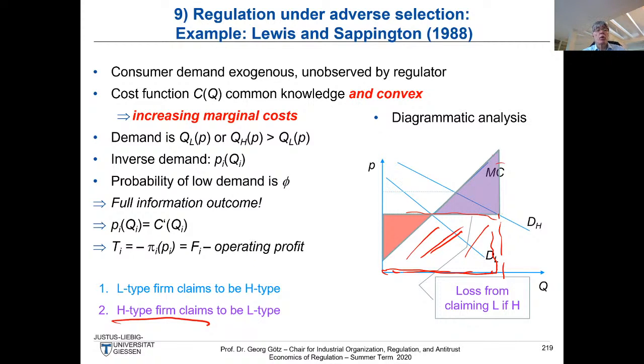Finally, one short point I should mention: we assume that a firm must serve all customers willing to buy at the current price. That's an important point here, but that should be clear.